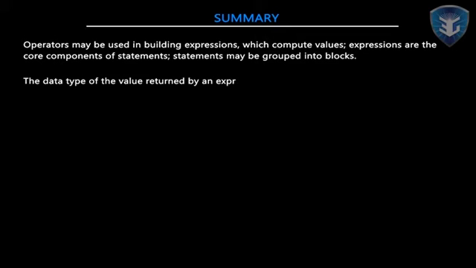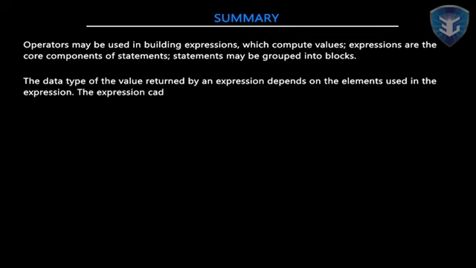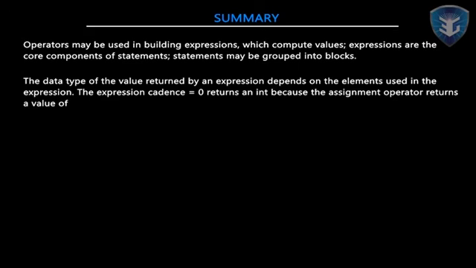Now in the end, let us summarize what we have learned in this lecture. Operators may be used in building expressions, which compute values. Expressions are the core components of statements. Statements may be grouped into blocks. The data type of the value returned by an expression depends on the elements used in the expression.